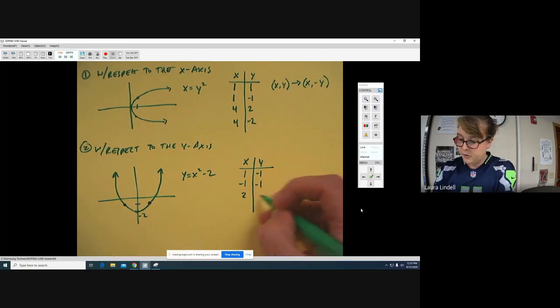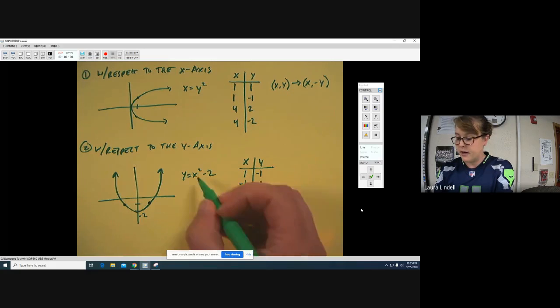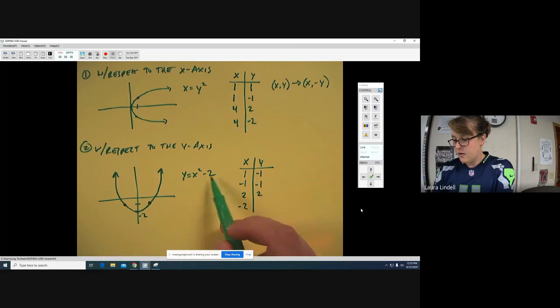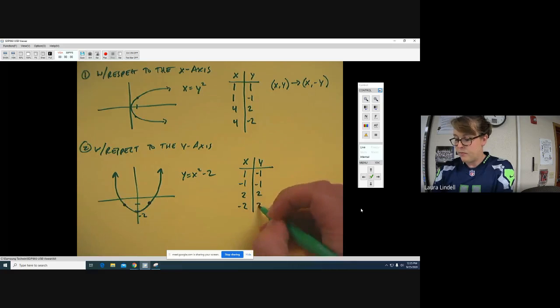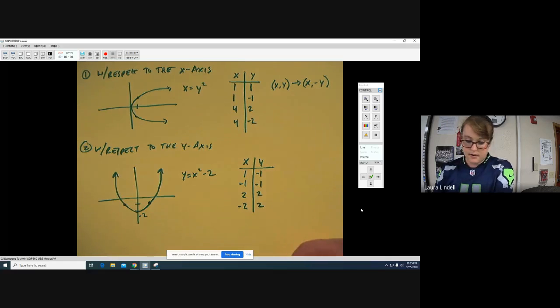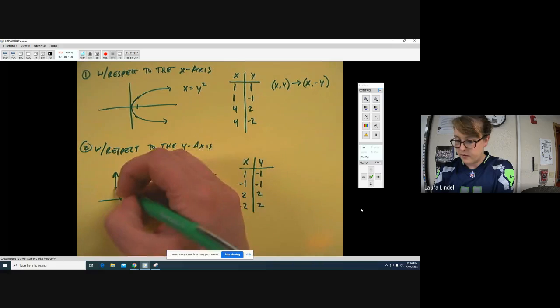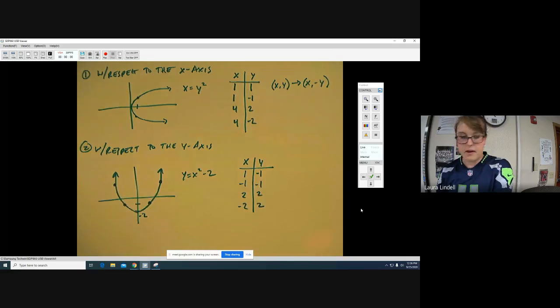When x is 2, y is 2. If I plug it in here, 2 squared minus 2 is 2. When x is -2, y is also 2 again. So that would kind of correspond around maybe there for those 2 points on your graph.